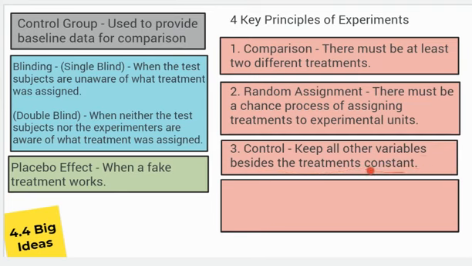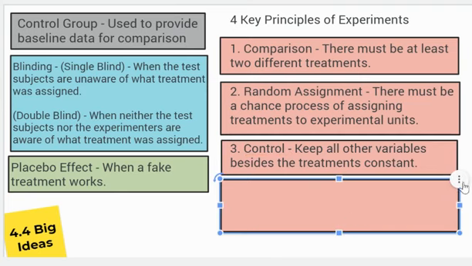Okay, keeping all the other variables constant is going to help us isolate the treatments. And if the only difference between our experimental units are the treatments, it gives us better results. So we need to control the variables.